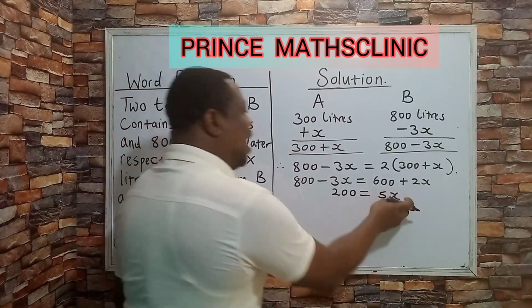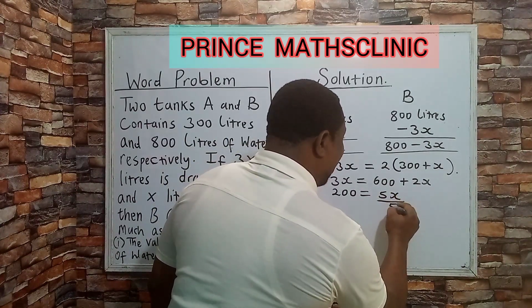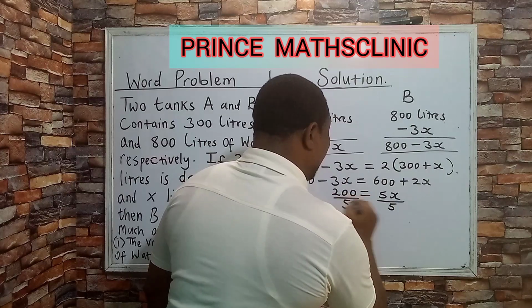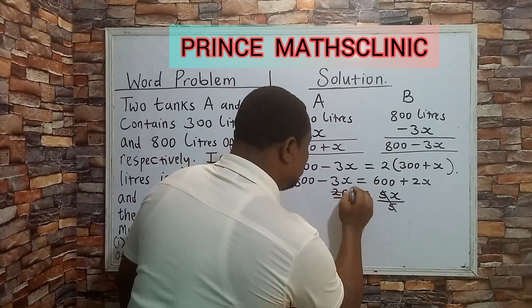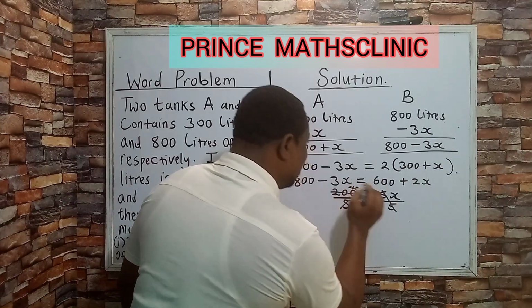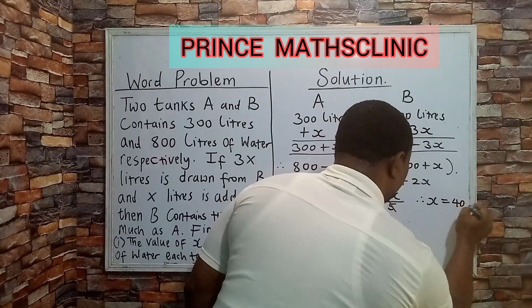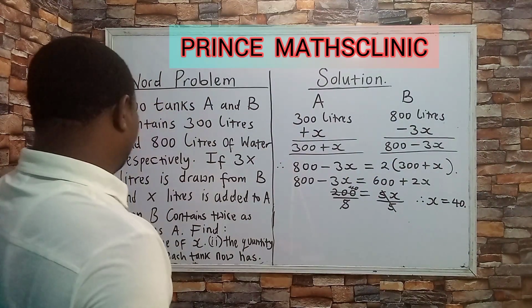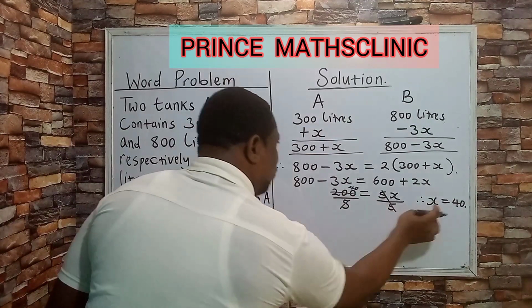Now, for me to get x, x is multiplied by 5. So I have to divide both sides by 5. 5 will cancel 5. And 5 can go in 200, 40 times. So therefore, x will become what? 40.